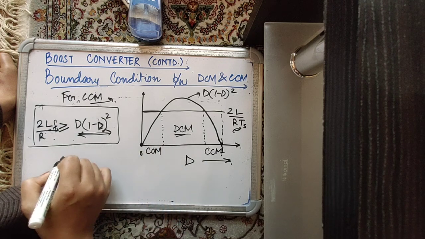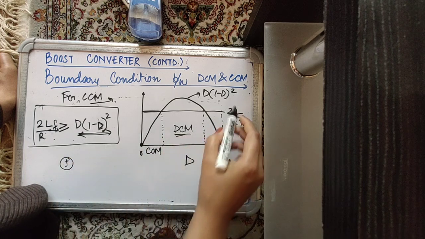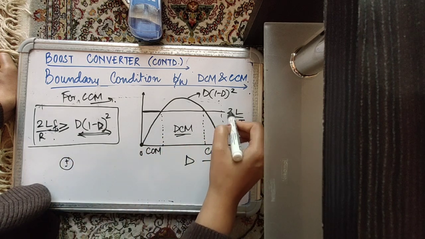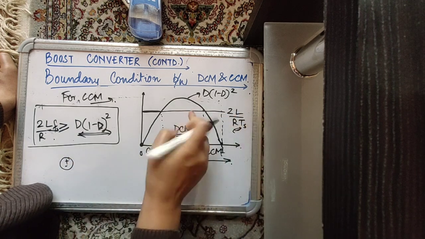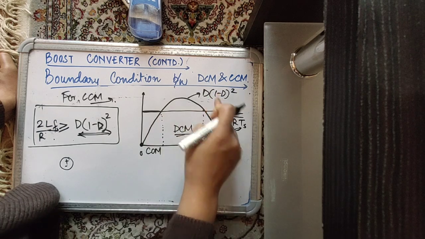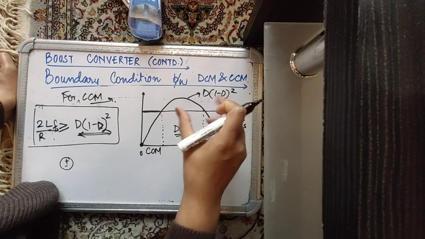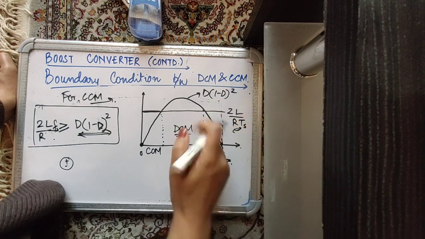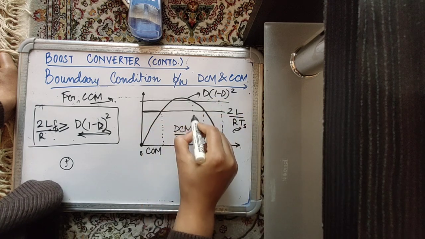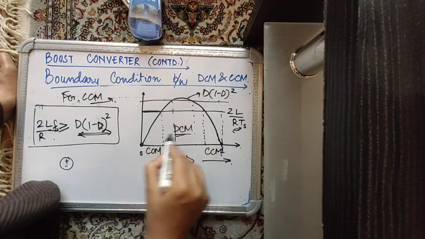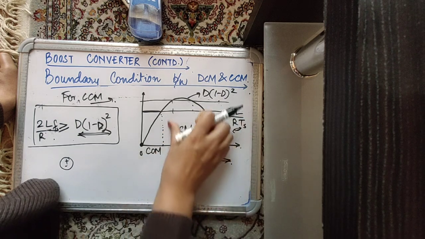Now let's see it graphically. अगर आप inductance को बढ़ाओगे, ठीक है, तो ये लाइन आपकी ऊपर ऊपर जाएगी. This line will go higher and higher, and as this line goes higher and higher you will get continuous conduction. See, you will get continuous conduction for larger values of D, right?